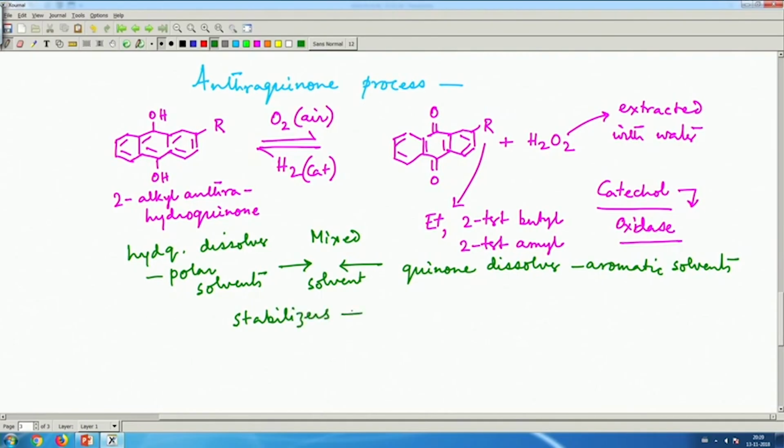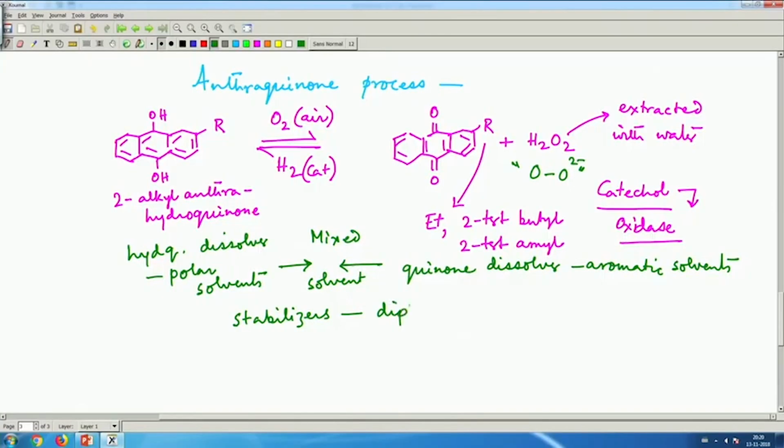which stabilize the peroxide bond, because peroxides all have this O2 2- basically, the O-O peroxide bond. This peroxide bond is not so stable, so it immediately breaks into water molecules, and it can be stabilized by addition of some stabilizers, which are again some inorganic compounds.